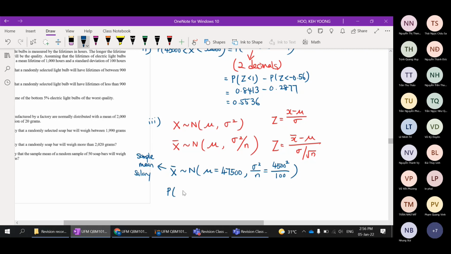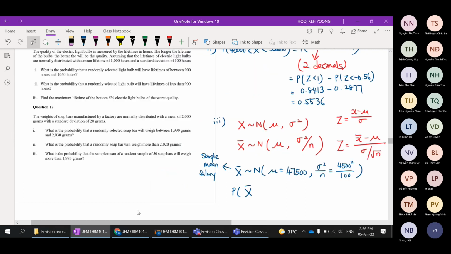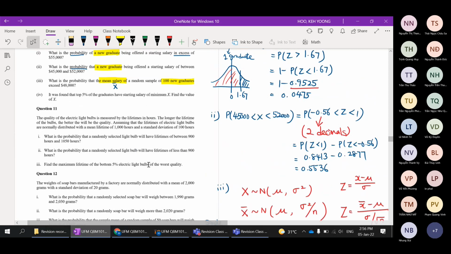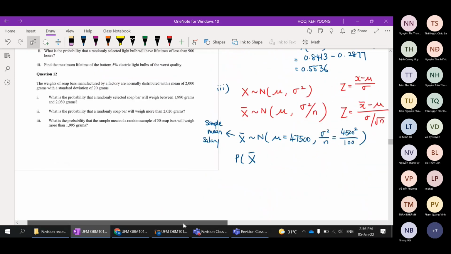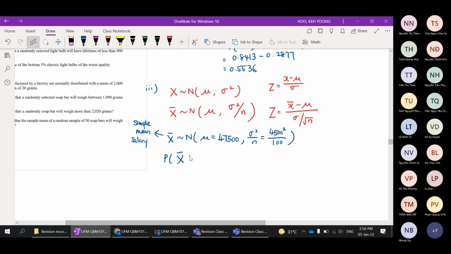Okay, so you want to find the probability that the mean salary exceeds 48,000, so more than 48,000. Convert it to Z using the second formula, because you want to find the sample mean, not just the salary for one graduate.